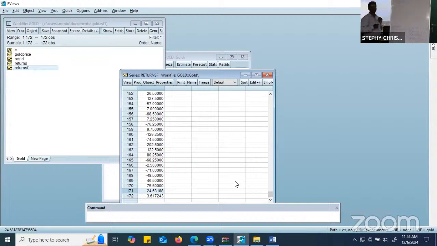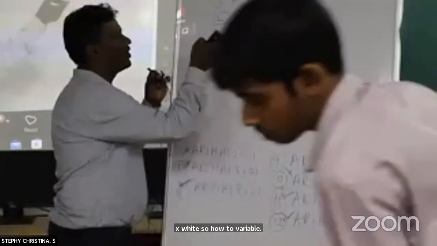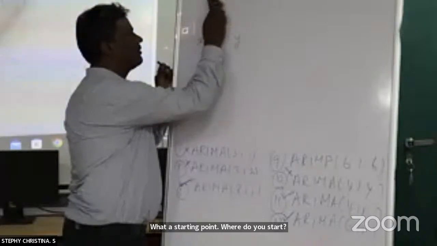Suppose you have two variables, let's say X, Y. Okay, I'm using the board. X, Y. You have two variables. What is the starting point? Where do you start? You want to apply the econometric model.